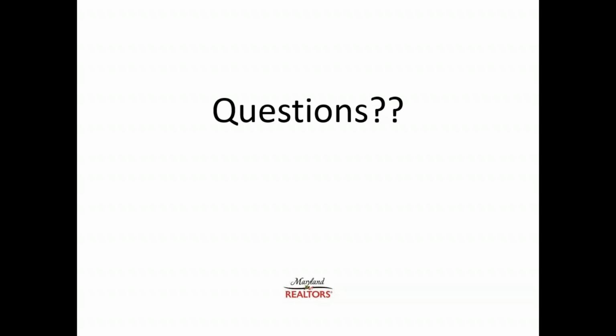All right. So lead disclosure. Keep in mind that local boards may have a form pertaining to lead. I can tell you what's going on with the Maryland Realtors forms. There are two. There is the disclosure of information on lead-based paint hazards, which is the federal disclosure, and that is in our forms library.